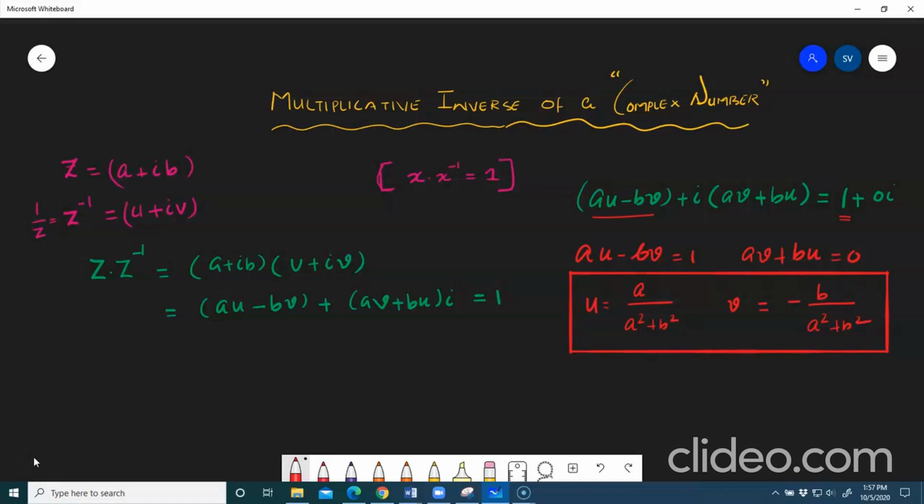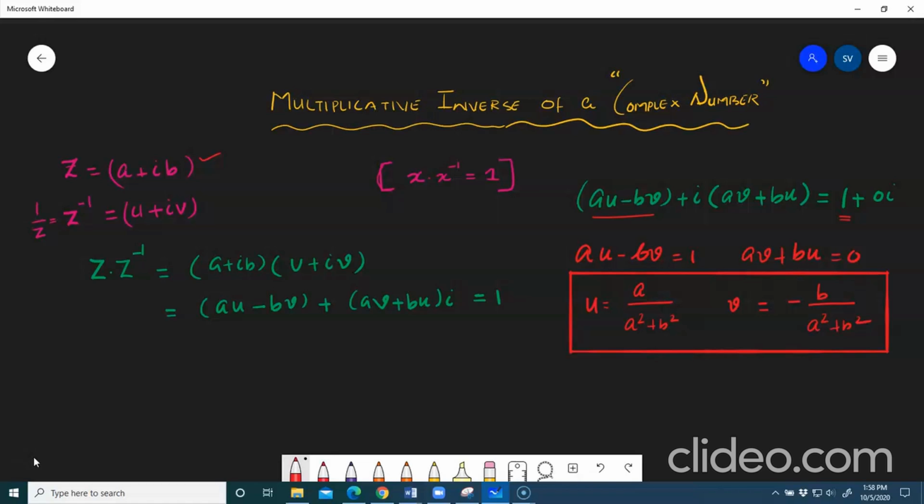So if z equal to a plus ib is a complex number, and you need to find its multiplicative inverse, you need to choose another complex number in the form u plus iv, where u is equal to a over a square plus b square, and v is equal to negative b over a square plus b square. So from the parent complex number itself you can easily find the inverse complex number by using this equation.